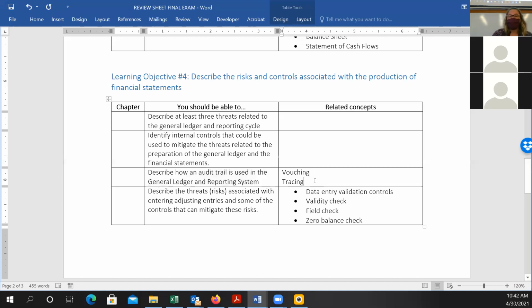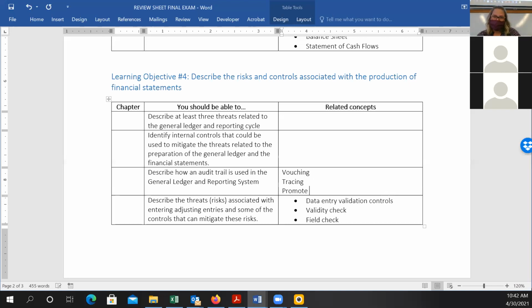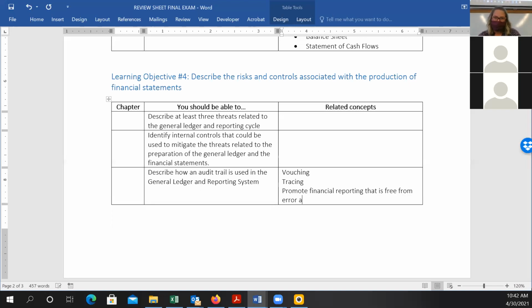Those are used to promote an auditor. So vouching and tracing is used to promote financial reporting that is materially free from error and fraud.